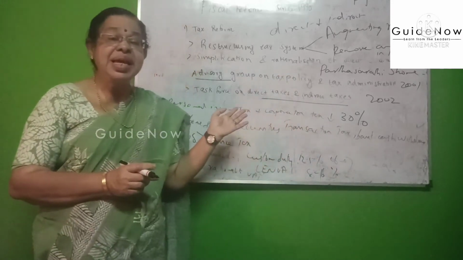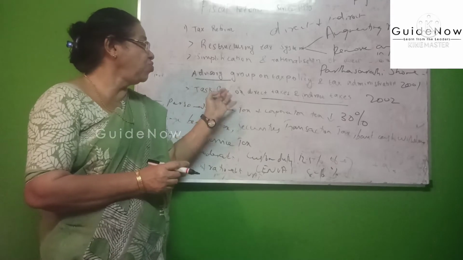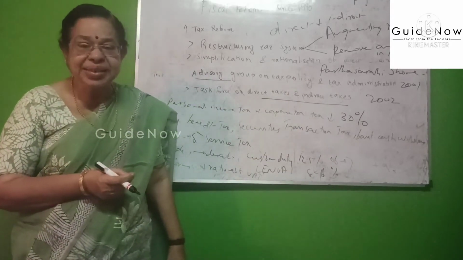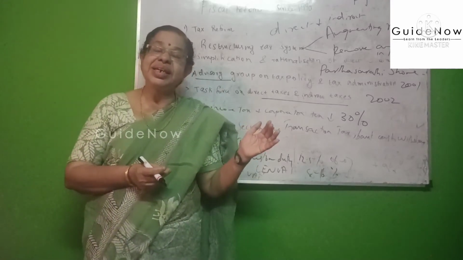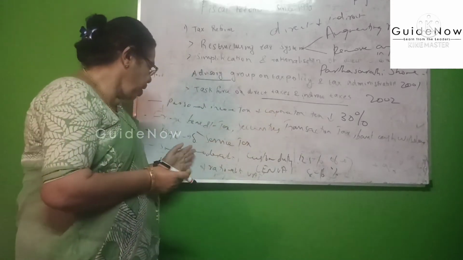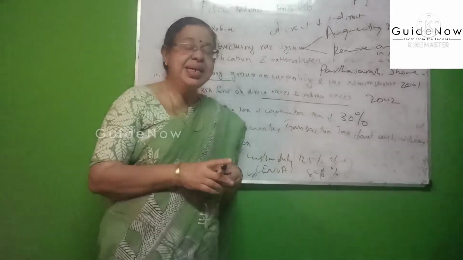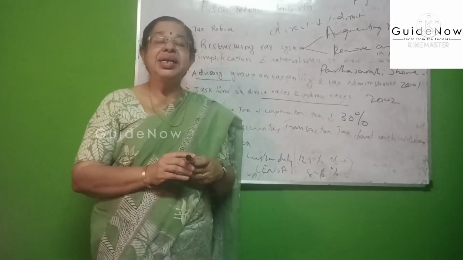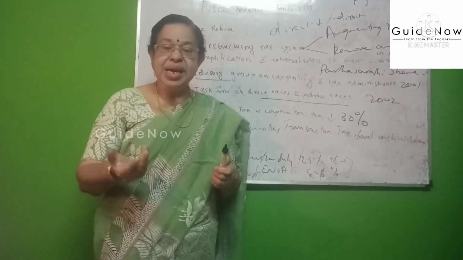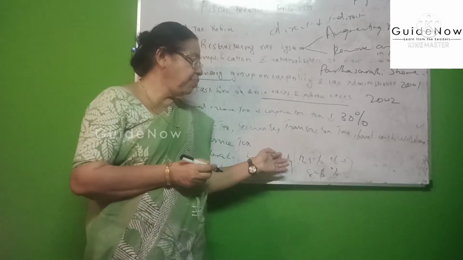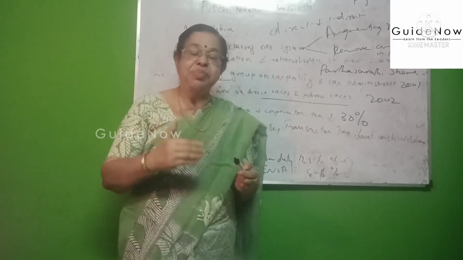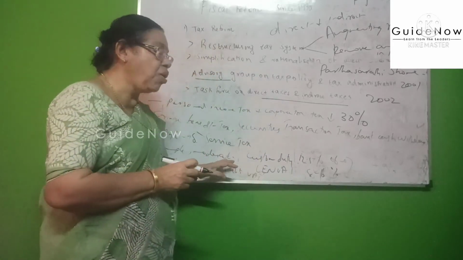Like the Raja Chelliah committee, then the task force, then the advisory group on tax policy and tax administration. That's another important recommendation. And next is simple, moderate customs duty and excise duty. These are commodity taxes. Their tax rate may be simple and moderate.